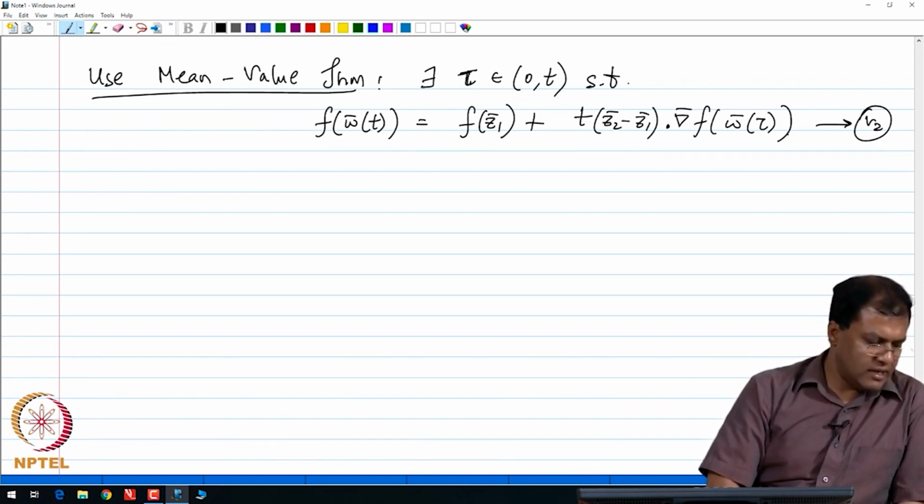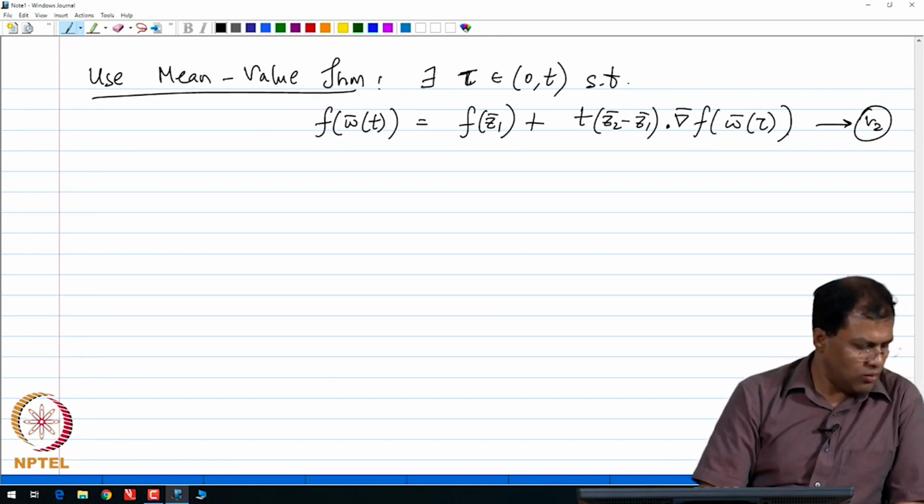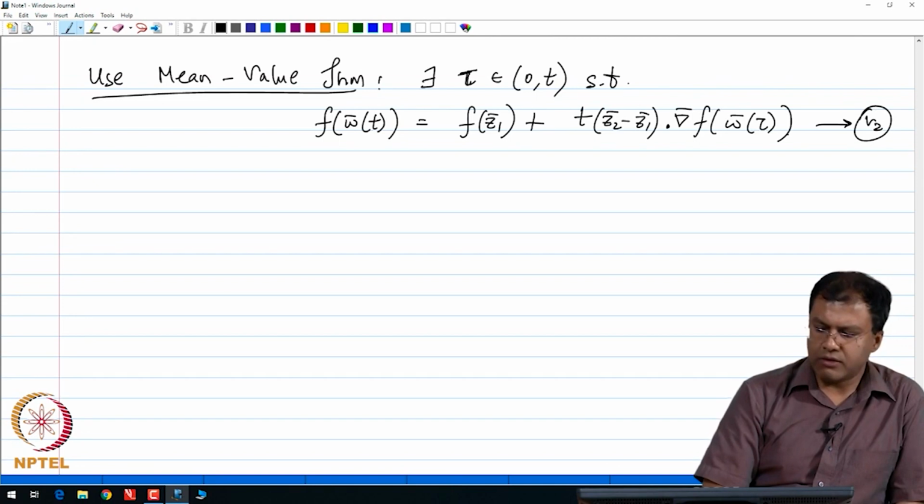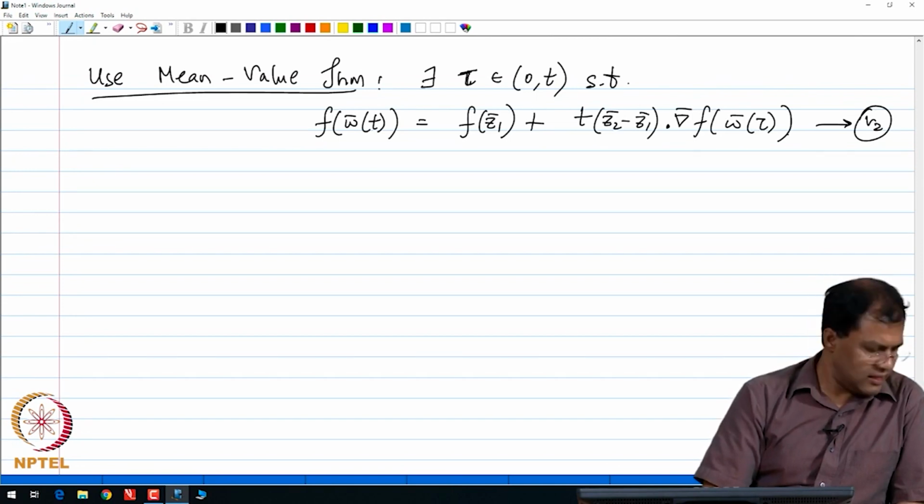So, let me rewrite this condition R2. There is one small observation that I want to make.